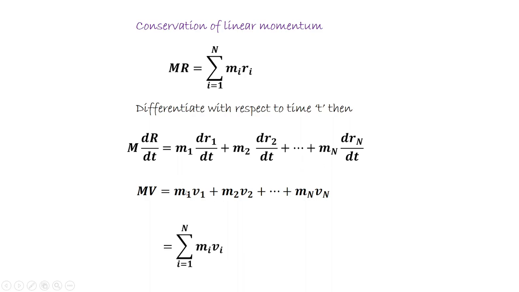So I am going to use summation i equal to 1 to n, mi vi, where i is 1, 2, 3, 4, and so on up to n, which gives the velocity of the center of mass.